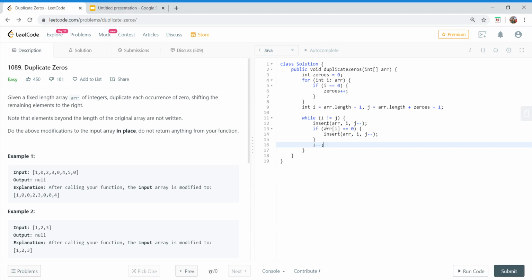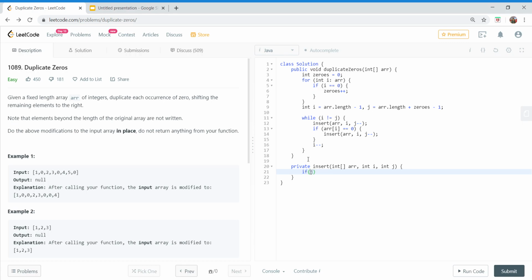Now we'll try writing this insert method. So here we'll check if it is possible.